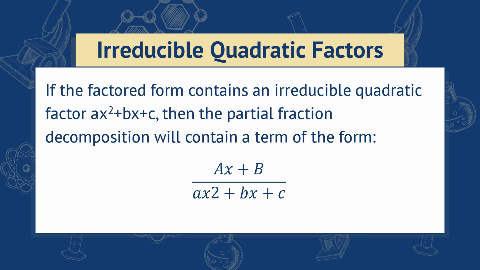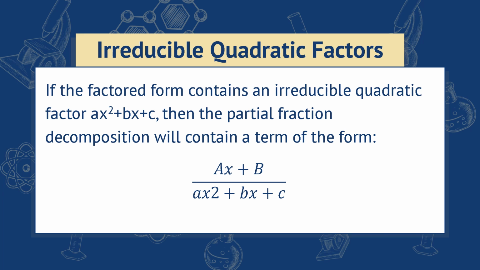So, if the quadratic factor ax squared plus bx plus c cannot be reduced to, for example, another linear factor, we would have to use the ax squared plus bx plus c in the denominator, but its numerator, instead of being just a, will now be ax plus b.